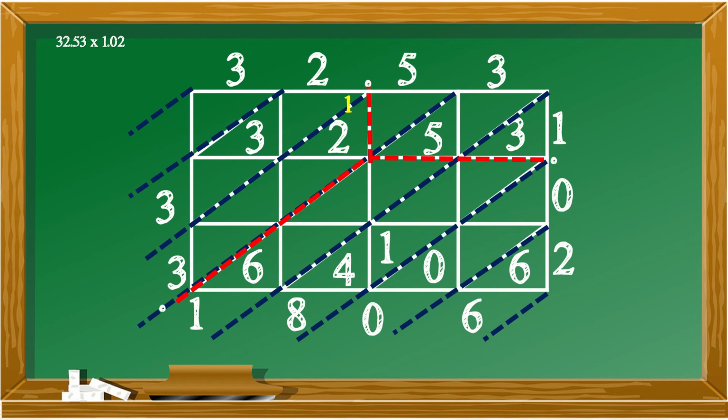So the decimal point is in between 3 and 1. So we have 3 decimal point 1806, the same answer as the one that we did before. So we have 33 and 1806 10 thousandths.